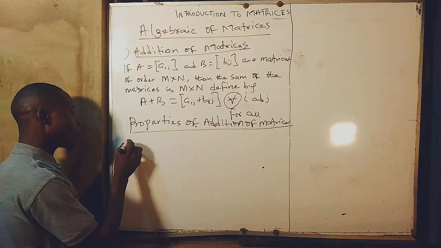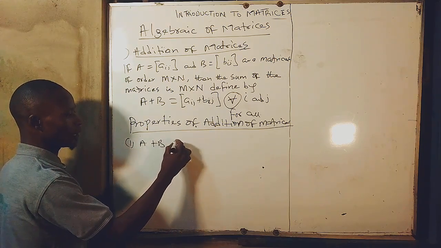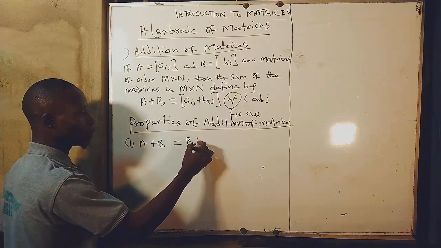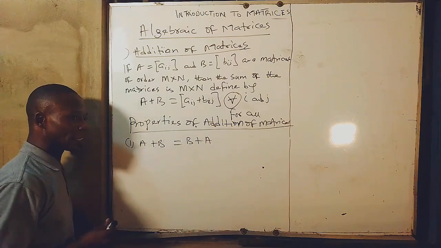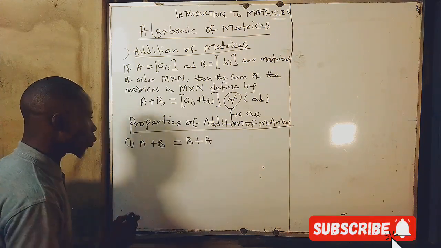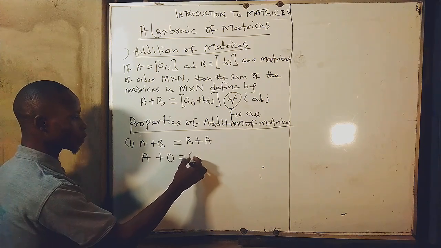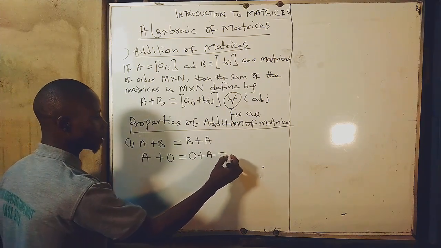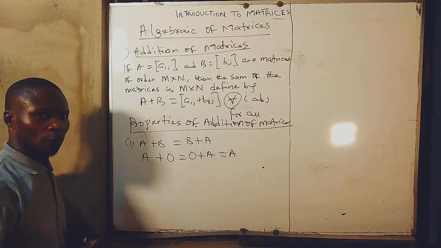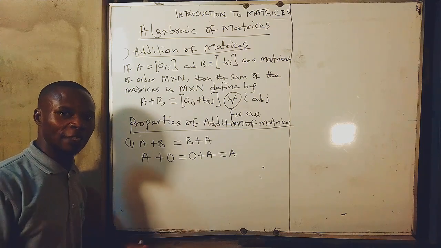Property 1: A plus B is equivalent to B plus A, provided that the order is the same. Also, A plus 0 equals 0 plus A equals A. These are properties of addition of matrices.